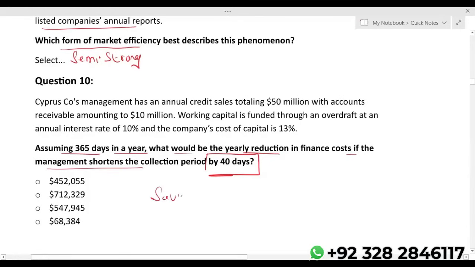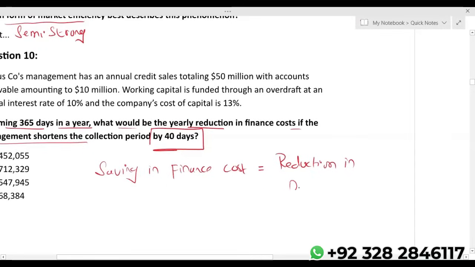So simply, saving in finance cost is equal to reduction in debtors multiplied by OD rate.